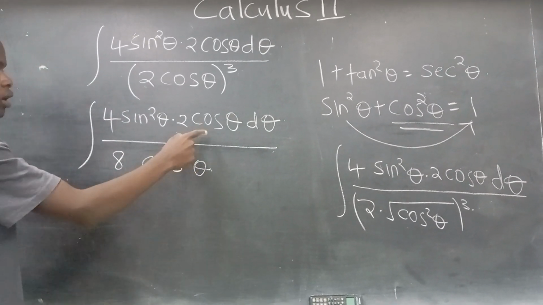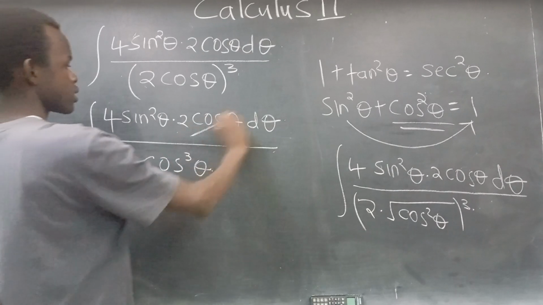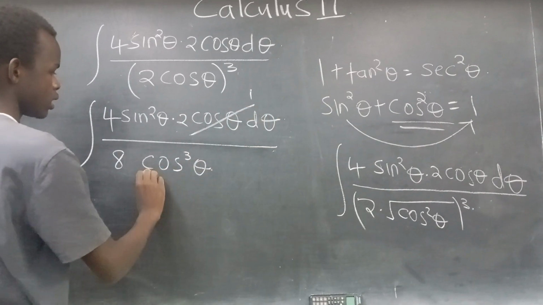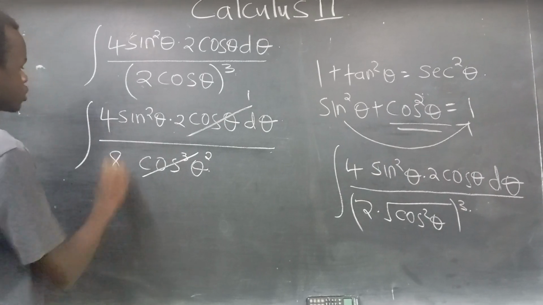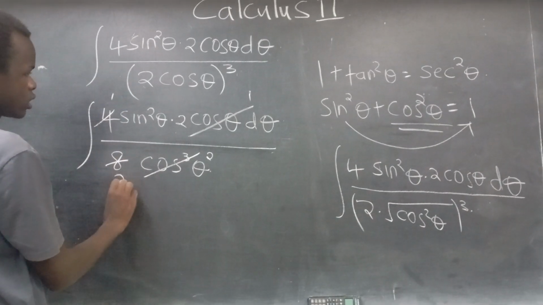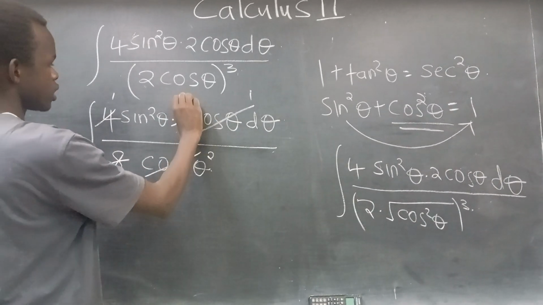There's a cos here, so I'll just cancel one cos. I'll be remaining with two coses. My 4 goes here 1, my 4 goes here 2, my 2 goes here 1, my 2 goes here 1.